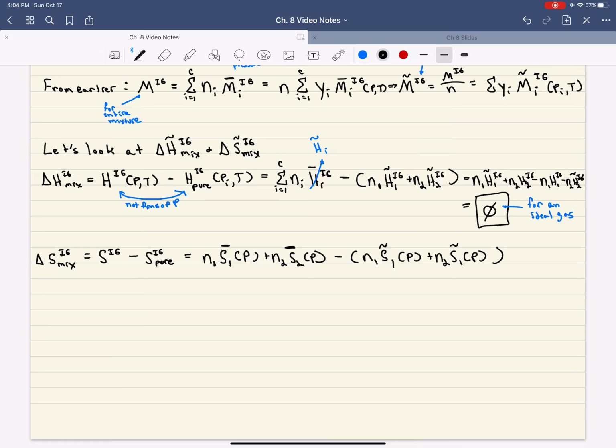From Gibbs' theorem, we could write that these are equal to the pure components, but at their original partial pressure.